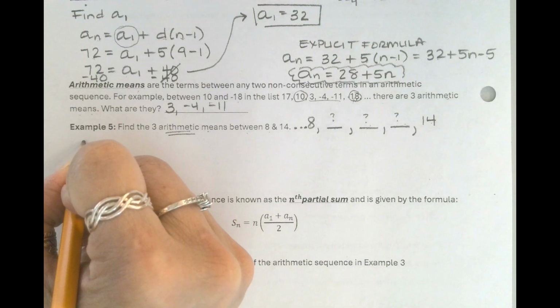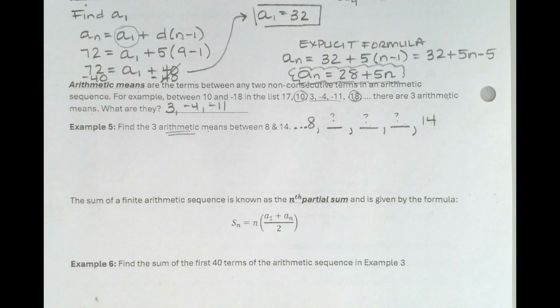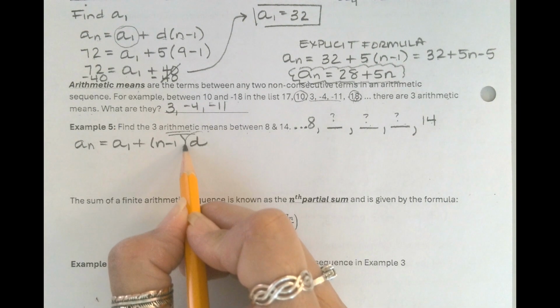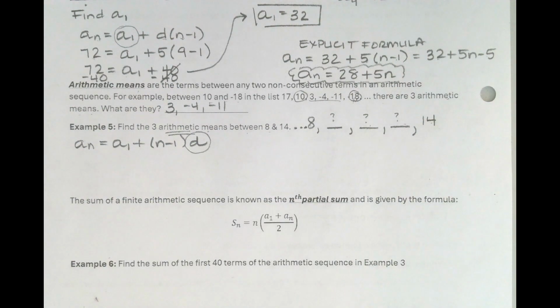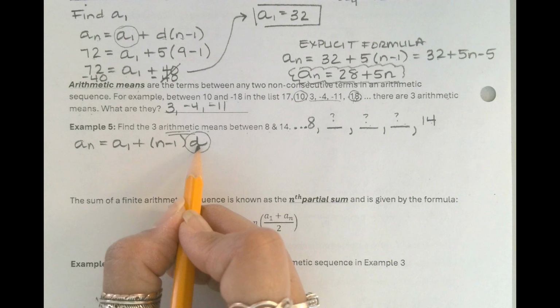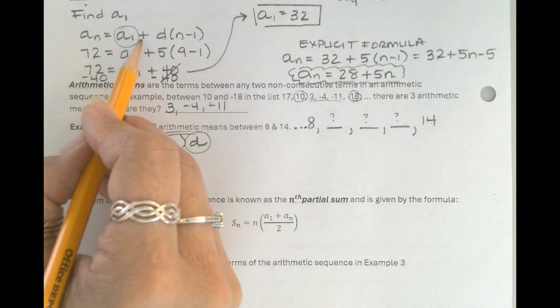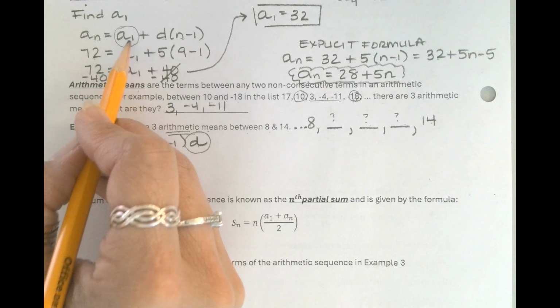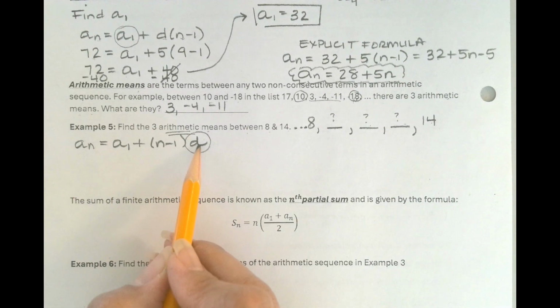So using our arithmetic formula, we need the common difference so that we can figure out what those missing terms are. If I'm looking for D, just like I was looking for A sub 1, I need to substitute everything else so that I can isolate D.